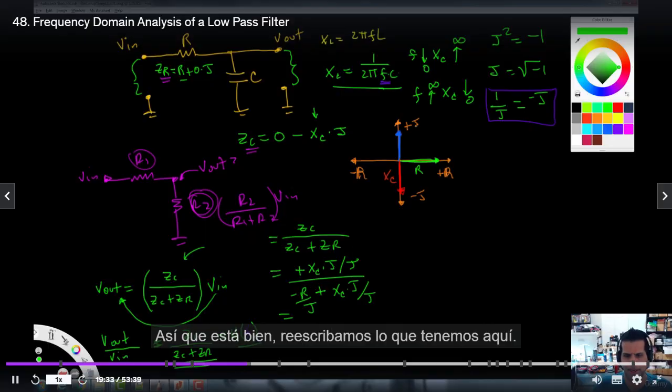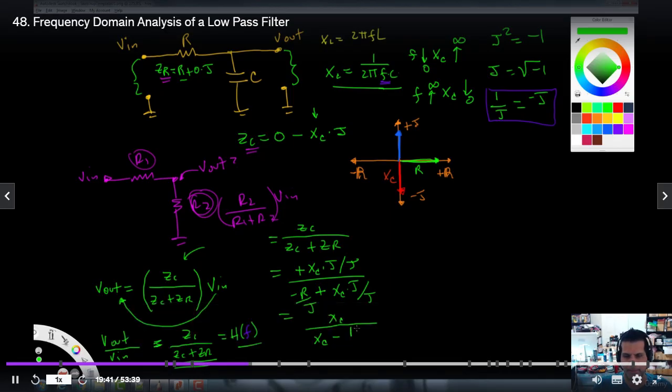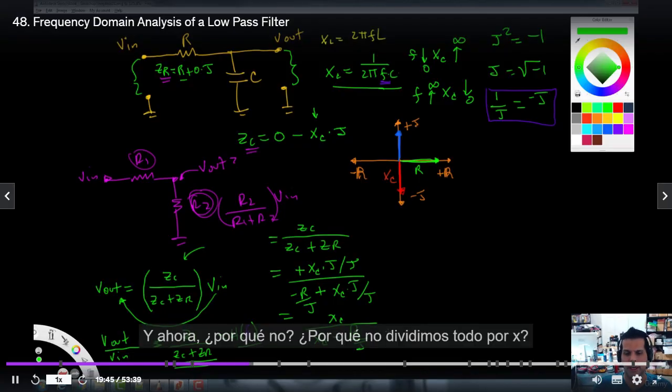So let's rewrite what we have here. Now we have x sub c up in the numerator, and then down here at the bottom, we've got x sub c minus r j. And now why don't we divide everything by x sub c?